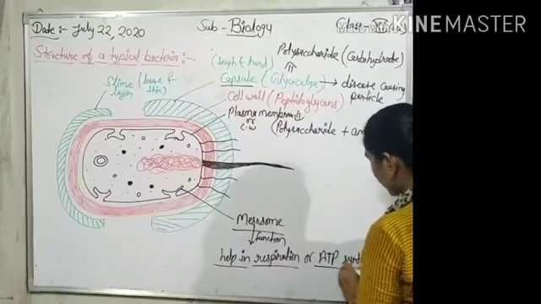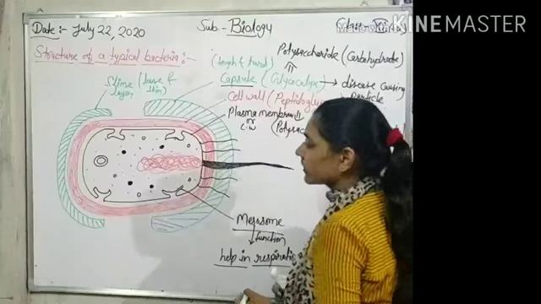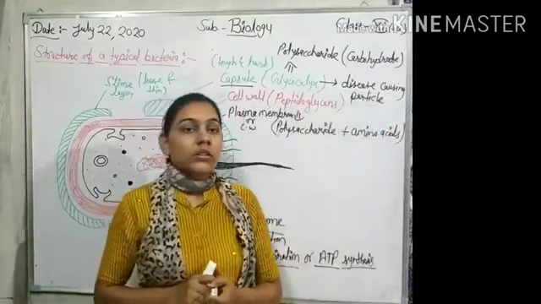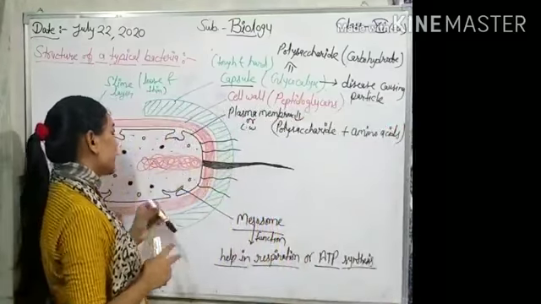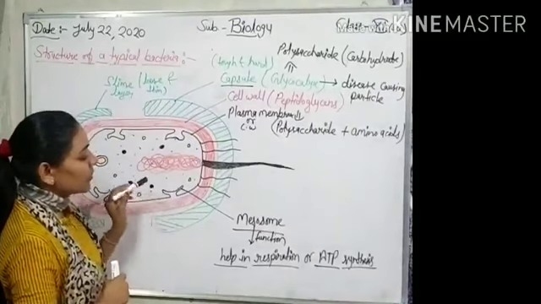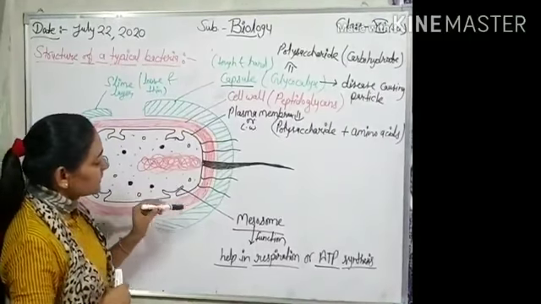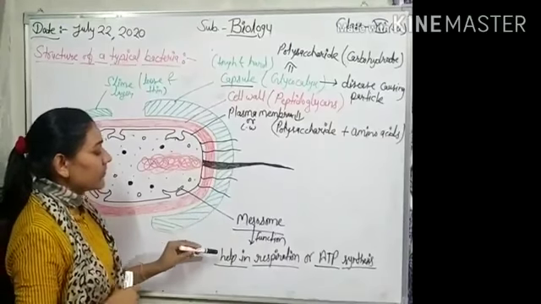It is the main function of mesosome. So in bacteria, respiration is completed by the cell membrane forming a complex structure known as mesosome.